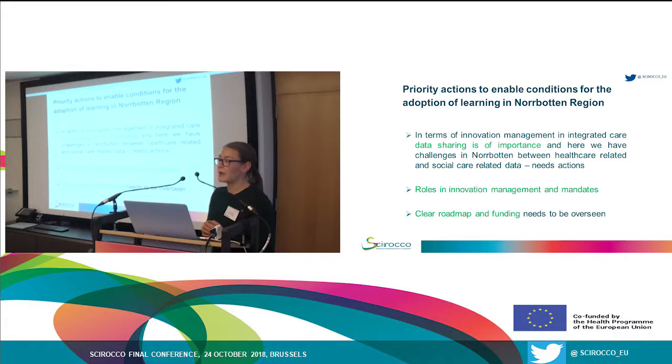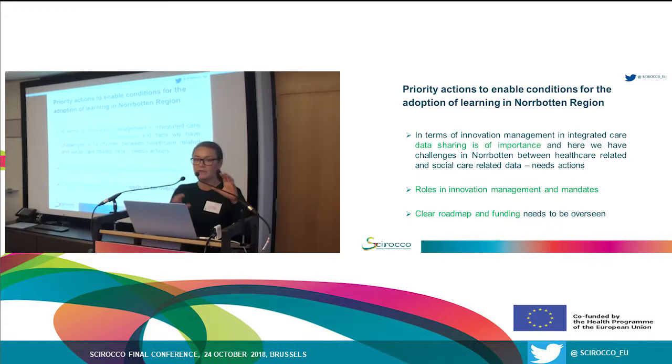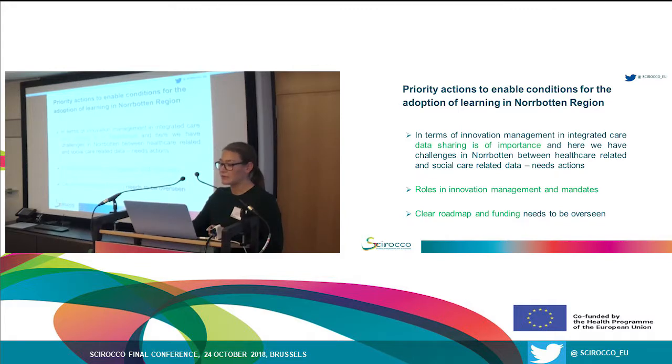Roles in innovation management and mandates: again, something that's missing. We have certain functions in place, as I said, but roles and mandates are not distributed evenly if you would like to map out an innovation process. So that really is something to be worked on, as well as roadmap and funding, as I was saying earlier.